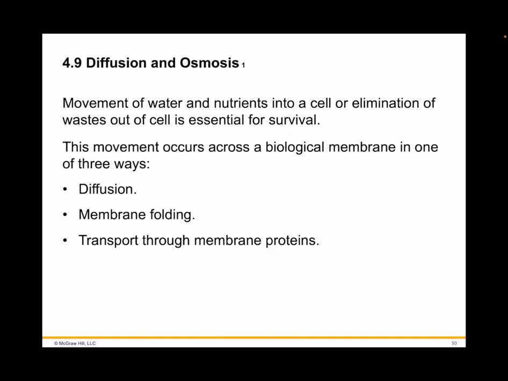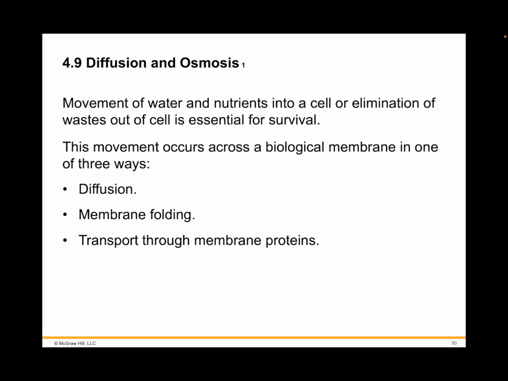Now on to cellular transport by way of diffusion and osmosis. So here you explain why diffusion occurs down a concentration gradient rather than up. For cells to survive, nutrients, water, and other materials must pass into the cell, and waste materials must be eliminated.